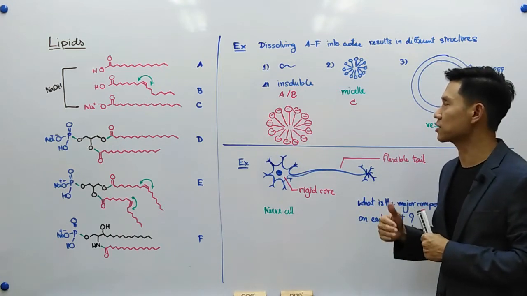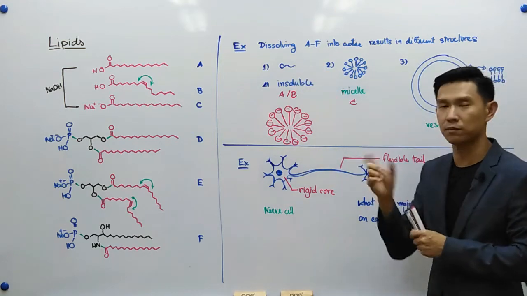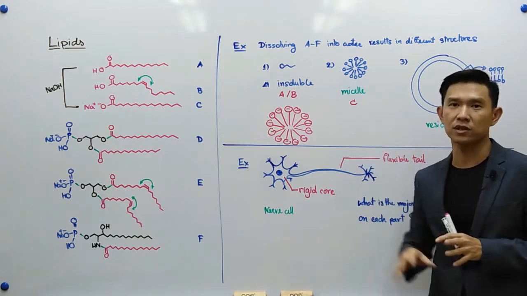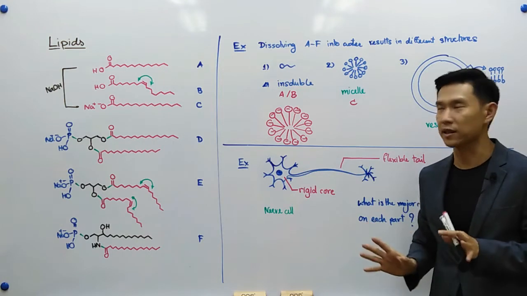So if the concentration is very low, it results in one, like a monomeric compound dissolved in water, floating around freely.